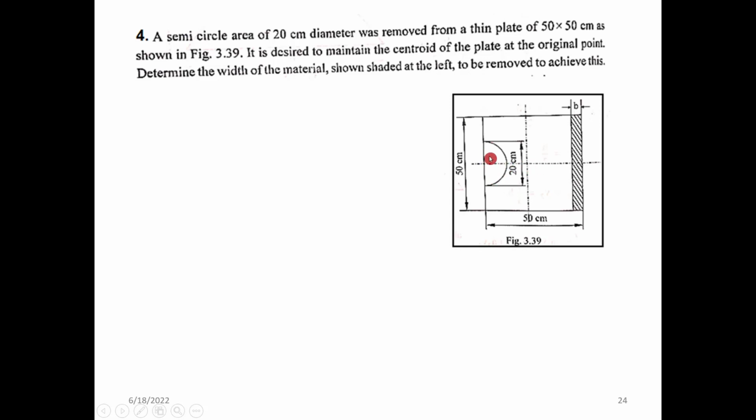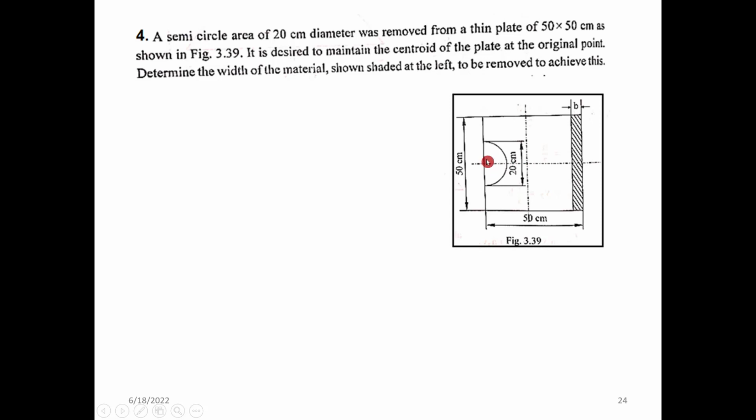As we are removing the material from here, the centroid will shift to the right, and it will be on the horizontal axis. That is, the vertical won't change, because the semicircle is exactly cut from the center portion. So the y bar value will be the same. Only the x bar will be shifted to the right as we have removed the material from the left side.